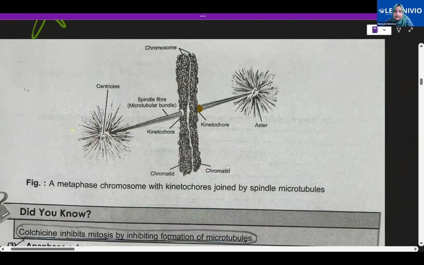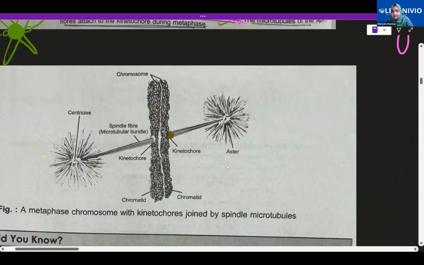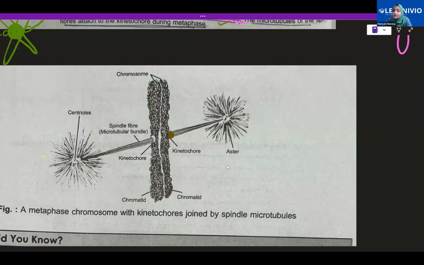Now, after that, the anaphase will happen. Ana means up. Now imagine the centromere, which was joining the two chromatids, is going to split. If the centromere splits, will the chromatids stay together? No. So imagine, for example, this is the kinetochore, or the centromere. Attached to it is this spindle fiber.